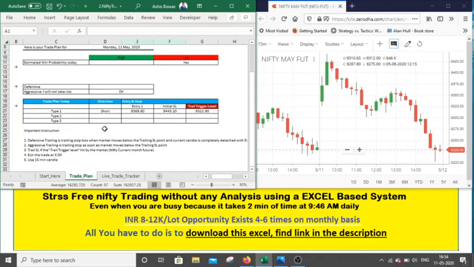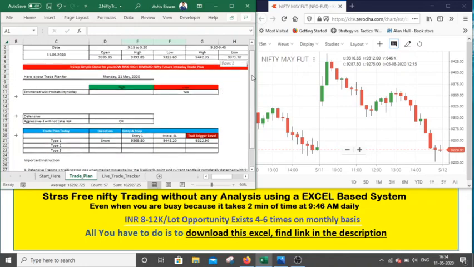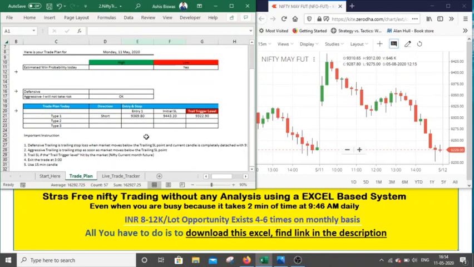So what was the trade today? There were other things also, but the important thing here is the direction. It says short entry 9369.80. I request you to put the exact order at the exact level mentioned here.